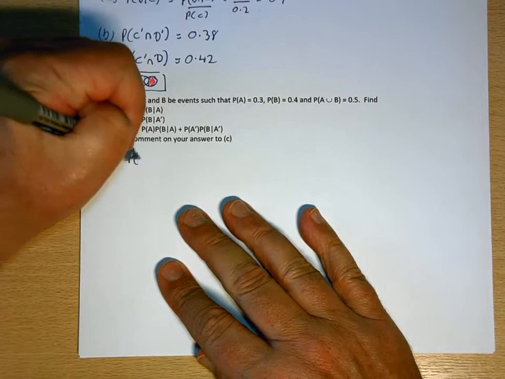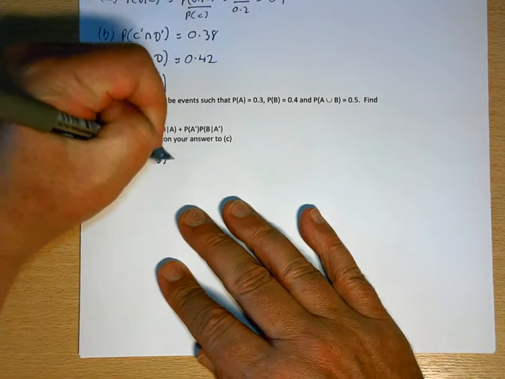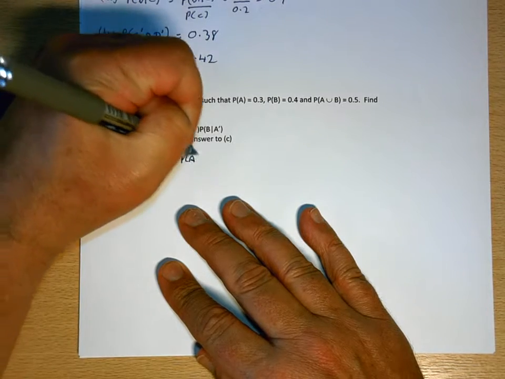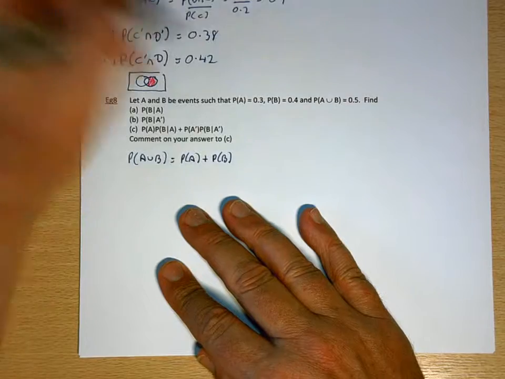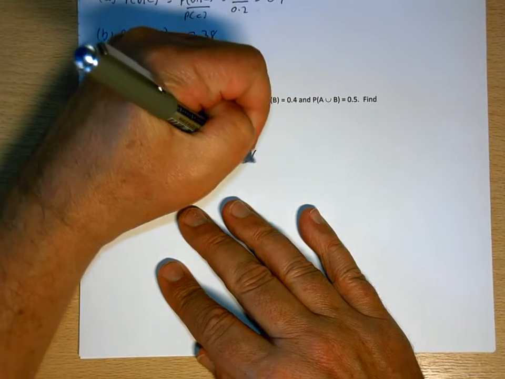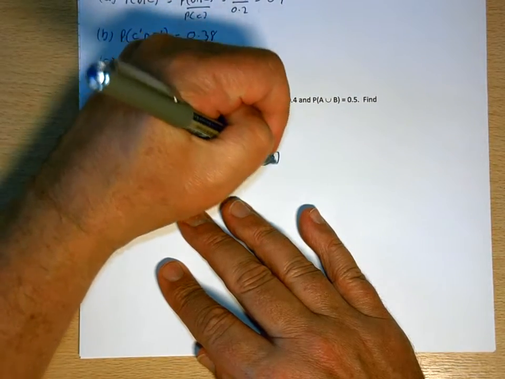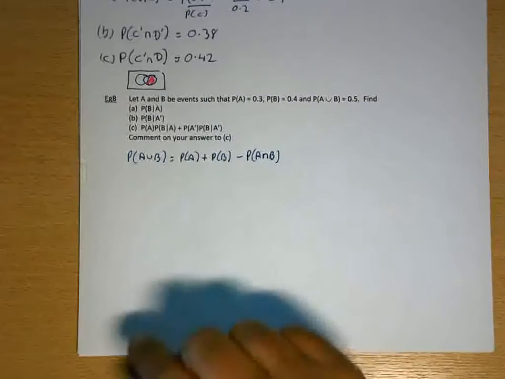So I know that A union B is probability of A, which I know, plus probability of B, which I know, less the intersection, which is what I want to figure out.